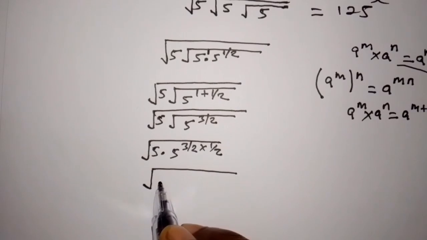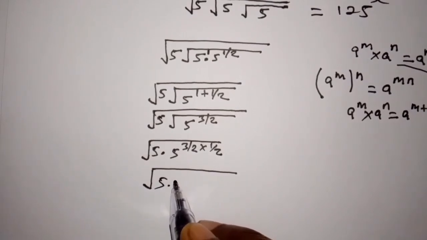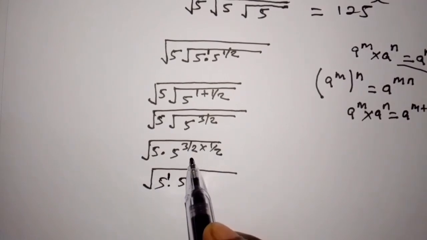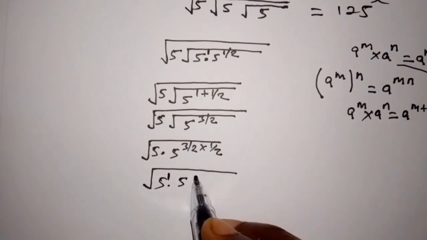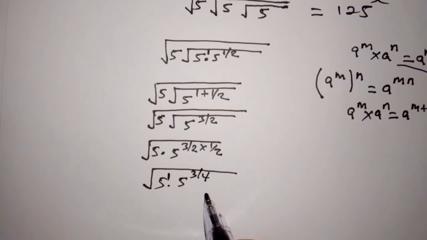This is going to give us 5 power 1 times 5 power 3 over 2 times 1 over 2, which is 3 over 4. It is going to give us 5 power 3 over 4.